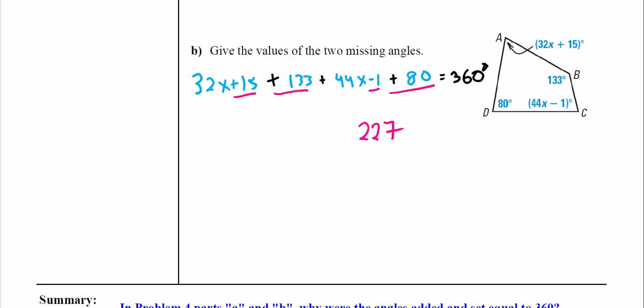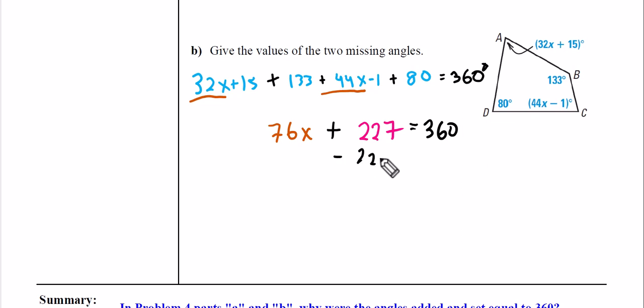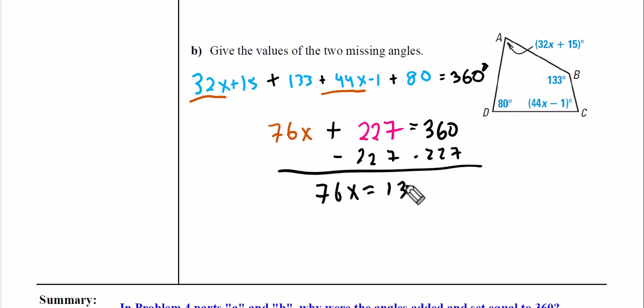If I combine the x values, I get 76x. If we subtract 227 from both sides, we get 133. If we divide both sides by 76, we get 1.75. No rounding. We're going to take it exactly the way it is.